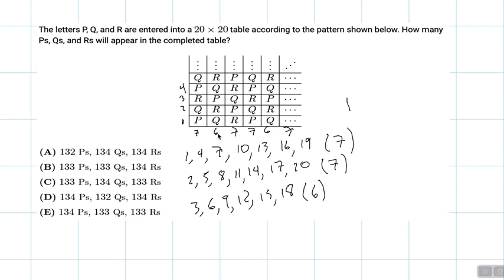So it's 2, 3, 4, 5. It's going to be 2, 5, 8. And when we did that, it's going to show up 7 times.